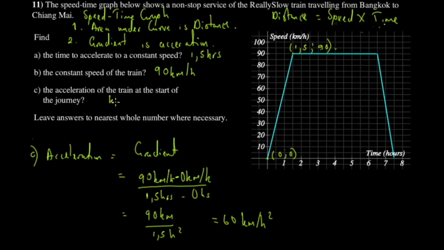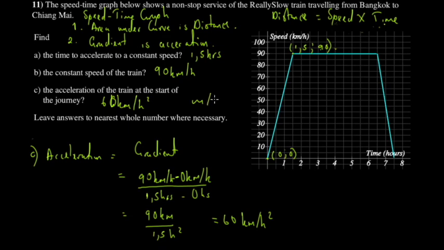When you divide, you multiply and invert, so that's why we get kilometers per hour squared. So our answer is 60 kilometers per hour squared.